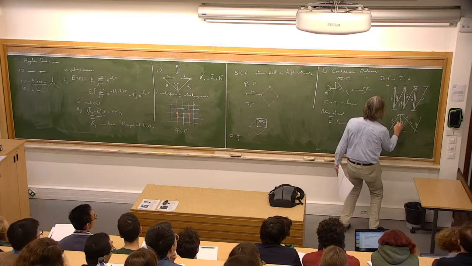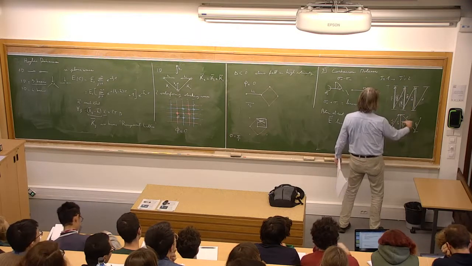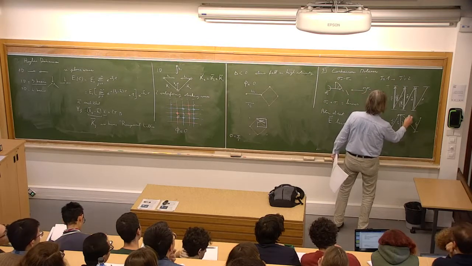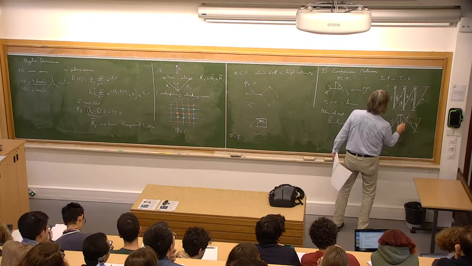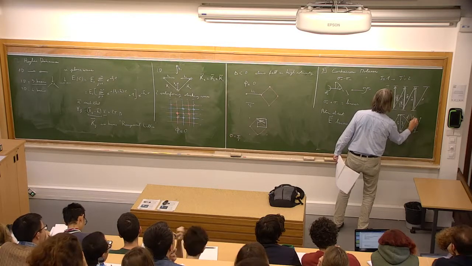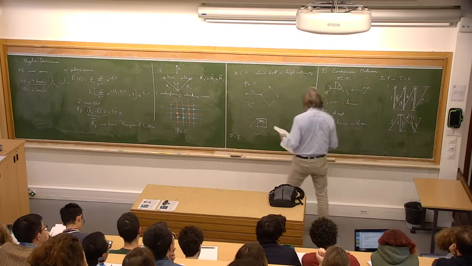So it means that here you have 2/3 plus 1/3, which is 1. And here you have 1/2, and so this is 1/2. Okay. That's it.